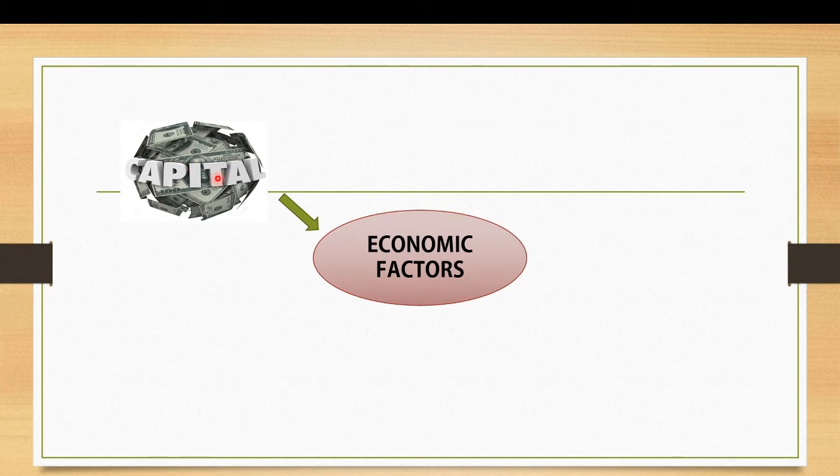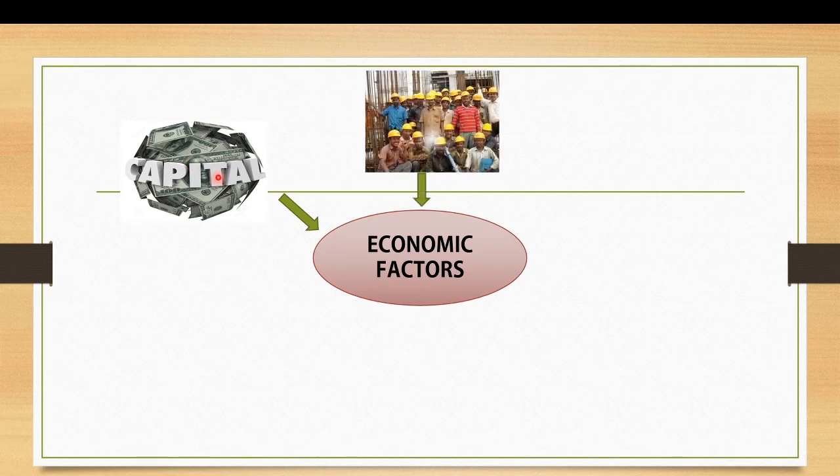You can see that entrepreneurship activities become easier when there is availability of funds or investment. The second most important economic factor is labor. Easy availability of the right types of workers helps in the growth and development of entrepreneurship.